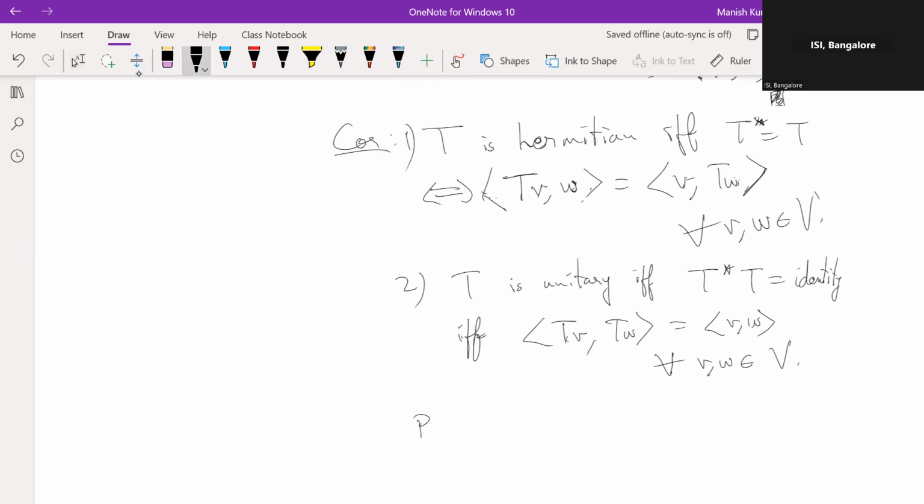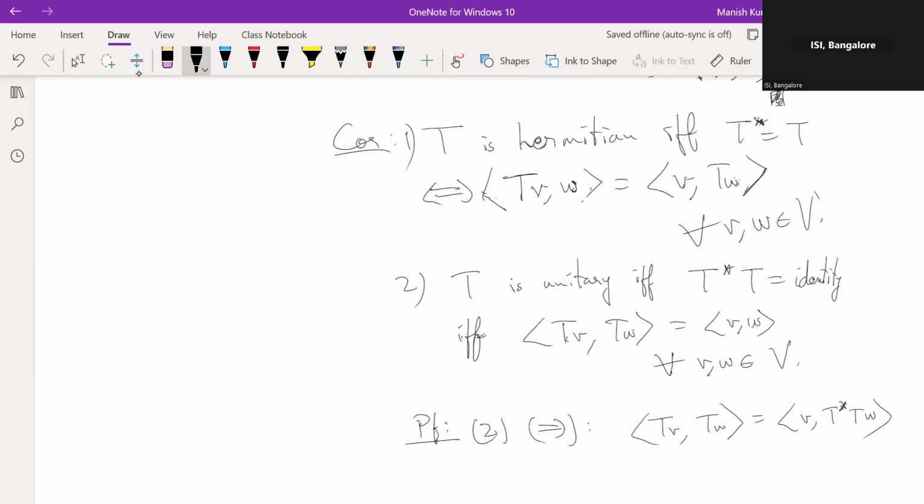So proof, forward direction. Note that TV, TW by what we proved is the same as V T star TW.